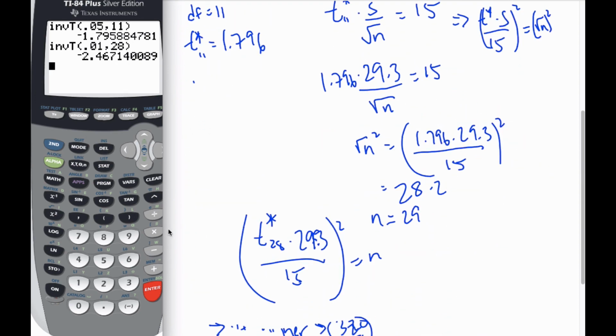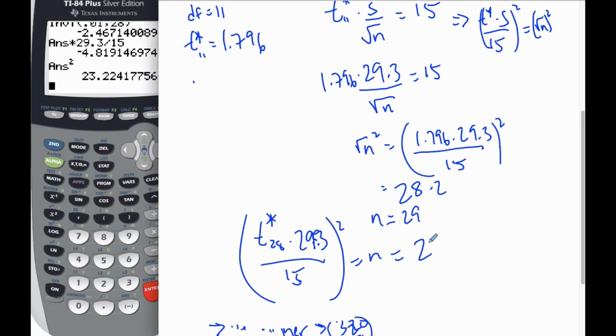If I take that times 229.3 divided by 15, square it, and I get n is equal to 23.2. So I round it up to 24. So n is 24. And so if we would use 24 again, because this is an estimate based upon an estimate, what you'll see is that it actually comes back being 24 again. And so you really only have to do this procedure twice, and that should be fine.